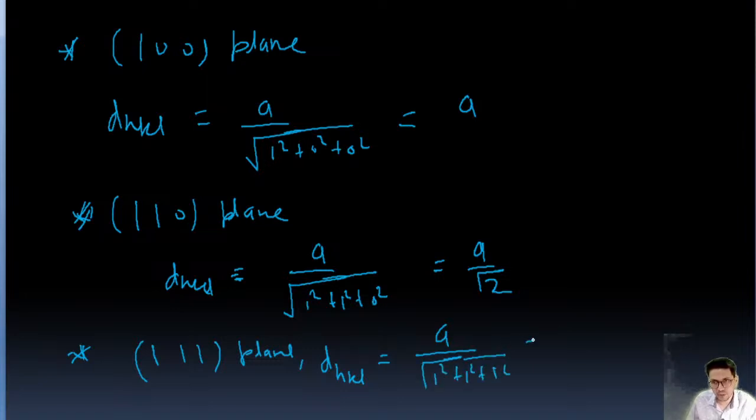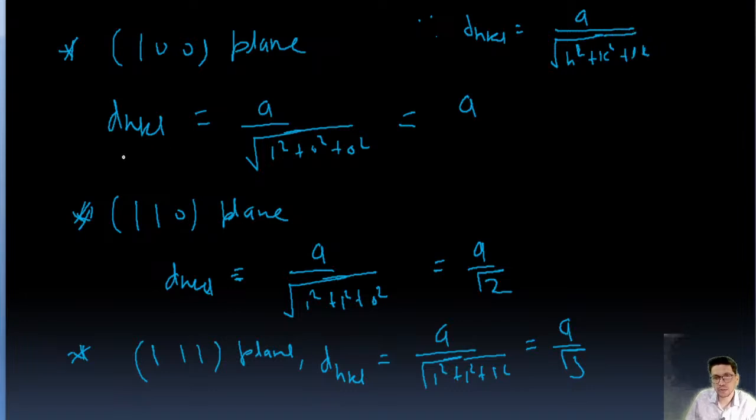The h, k, l values are 1, so this is going to be a upon root 3. Since we have the formula d_hkl equal to a upon root h square plus k square plus l square, I have already explained.